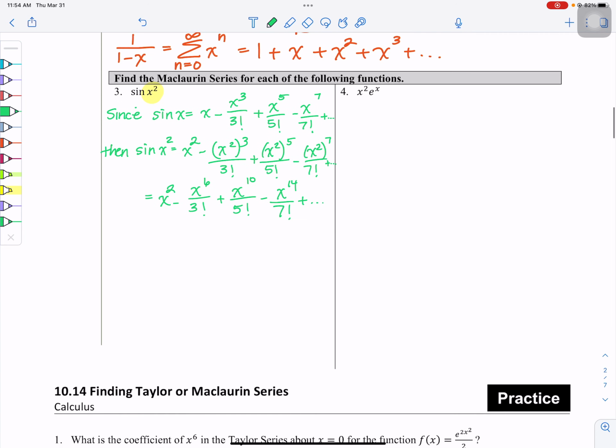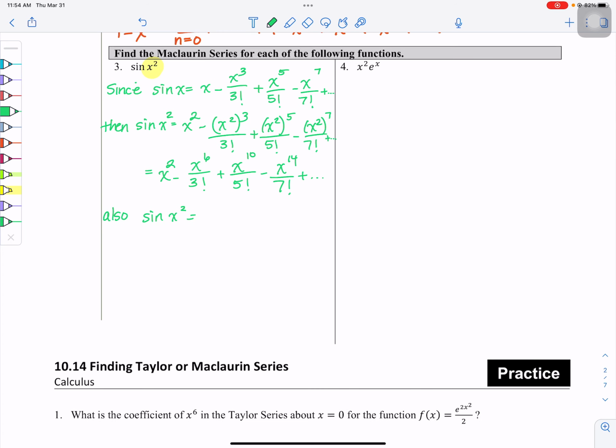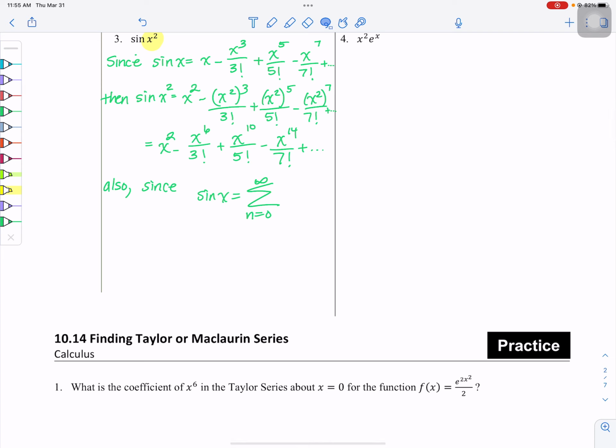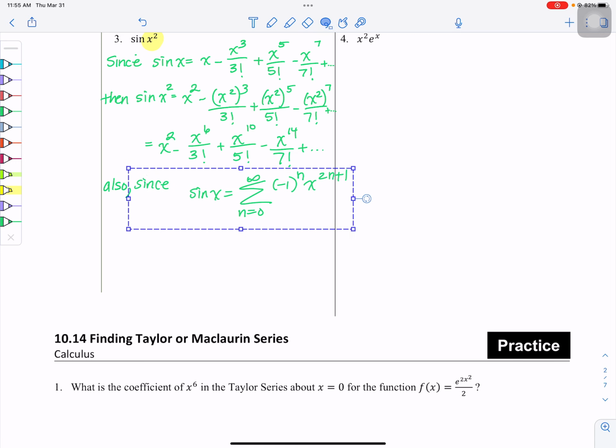So how could we also write sine of x squared? Since sine of x is equal to the sum from n equals 0 to infinity of (-1) to the n, x to the 2n plus 1 over 2n plus 1 factorial, I'm really running out of room now.